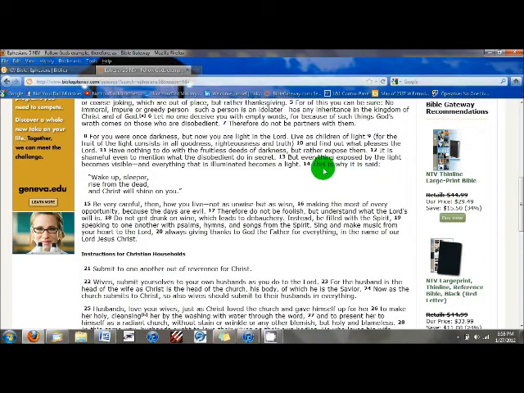And the reason I ended at 14 is, it says, wake up, O sleeper, rise from the dead. Now, if you go to verse 15, it says, be very careful then how you live. So that seems to be starting a new theme. So I ended it with verse 14, because once it goes into giving God praise and singing songs and hymns, to me that's a new subject, so I don't want it to end there.